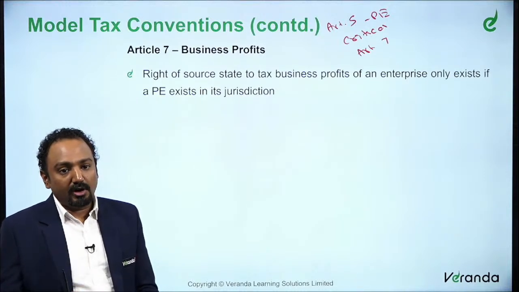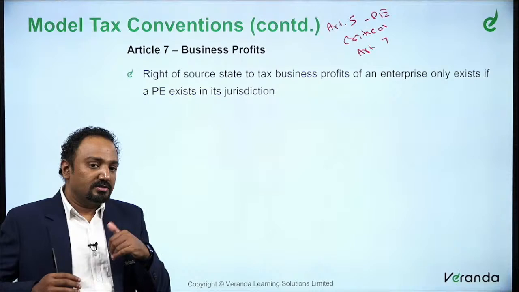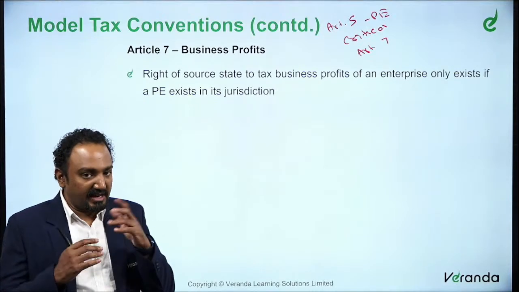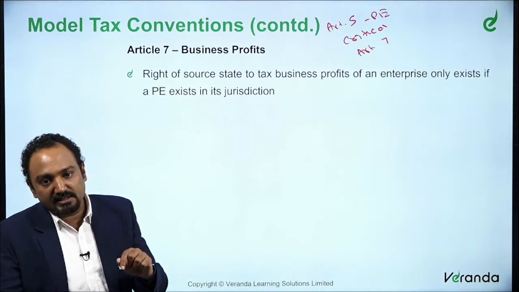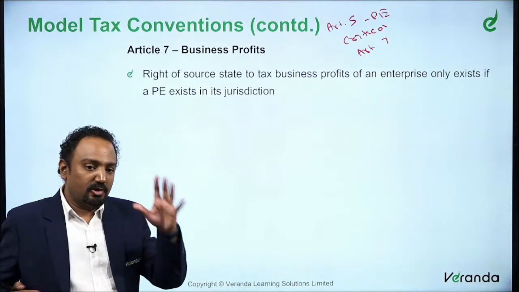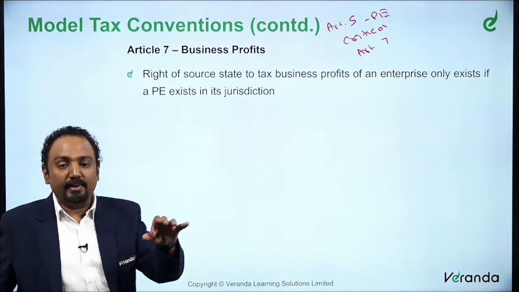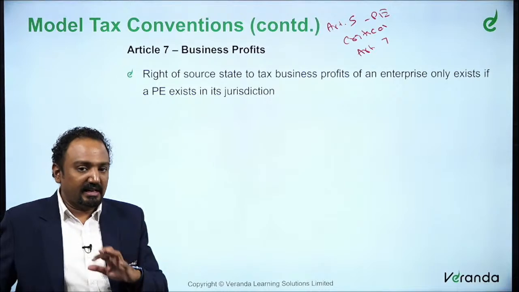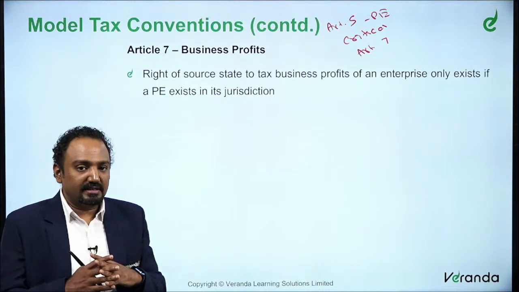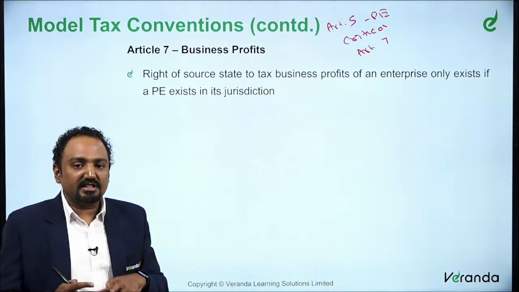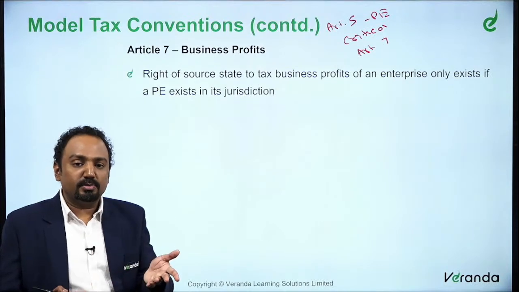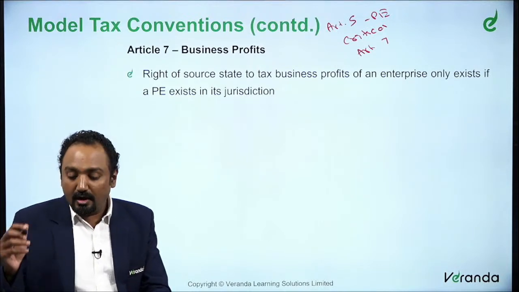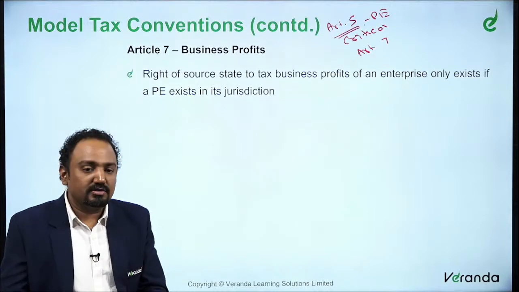Because just because you have some business transaction in another country, you will not be taxed in that country. For example, if a company in Australia is transacting in India, making certain transactions, since they have a transaction in India, will that be called business profits? No. So that is where this Article 5 comes into the picture.